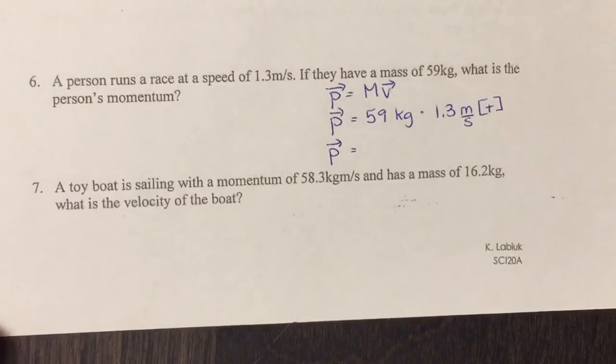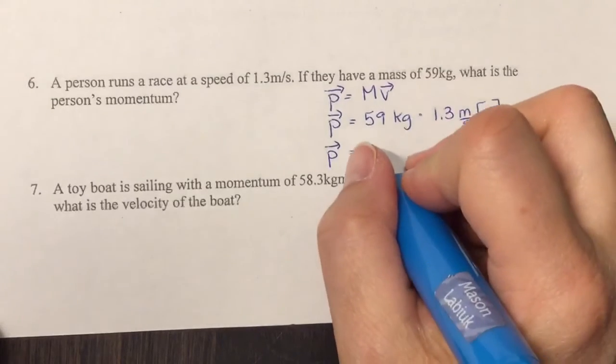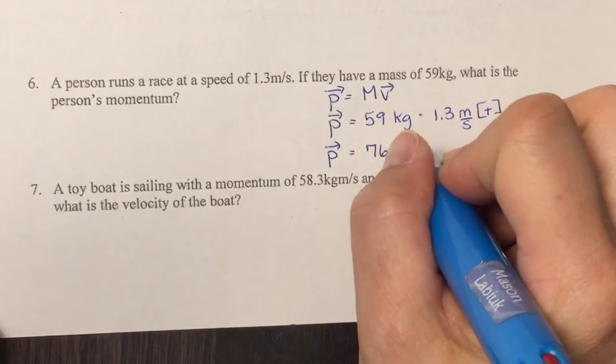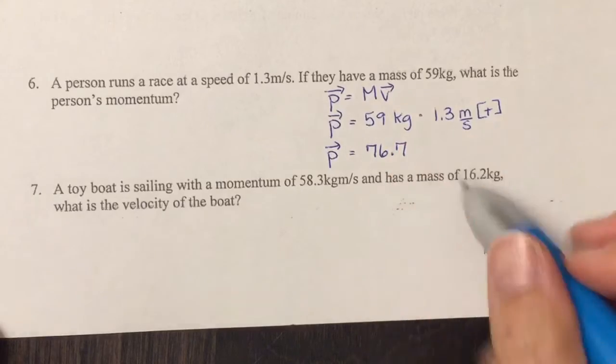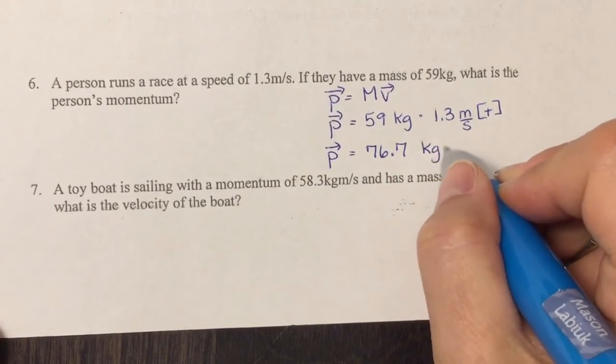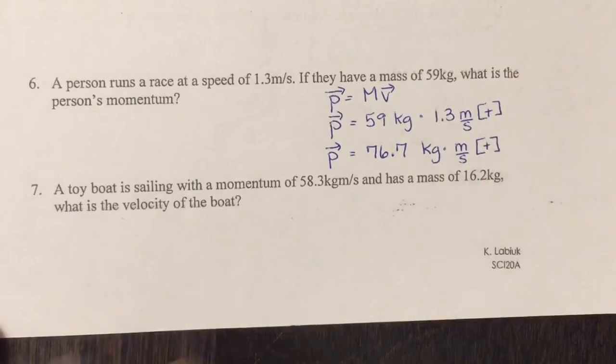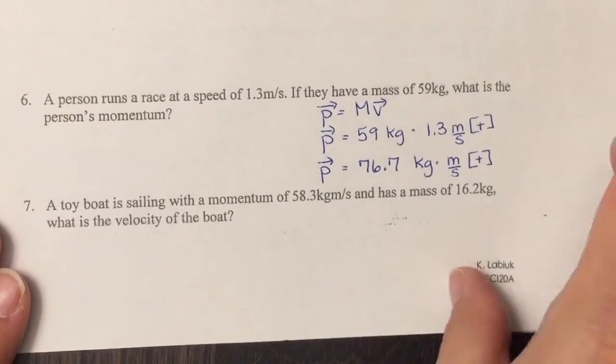I'm going to multiply those two things together, and 59 times 1.3 gives me 76.7, and then I literally can just bring these units down. Kilograms meters per second, going forward. Okay, right on. So that's how you calculate momentum.